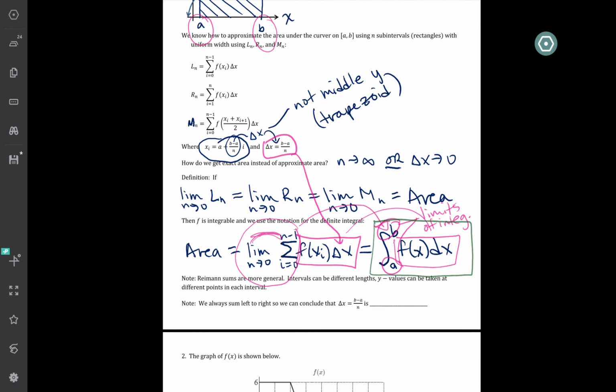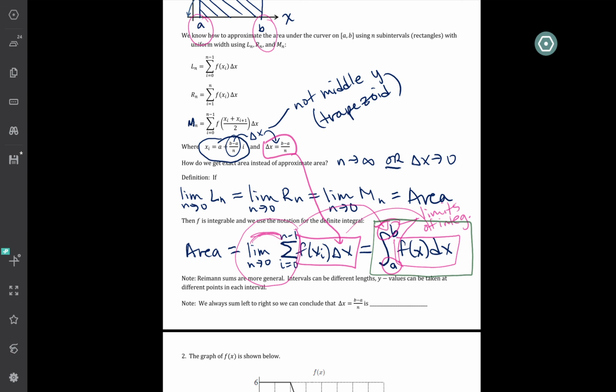So Riemann sums are actually just a broader categorization. With Riemann sums, we're adding up a bunch of rectangles, but it can get a little wacky. We don't have to have all of our subintervals be the same length. So before, where they were all delta x wide, we could have some wide ones and some skinny ones, and that's fine. We also don't have to say that every single height will come from the left side or every single height will come from the right side.